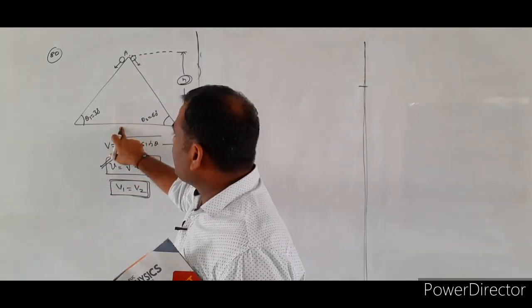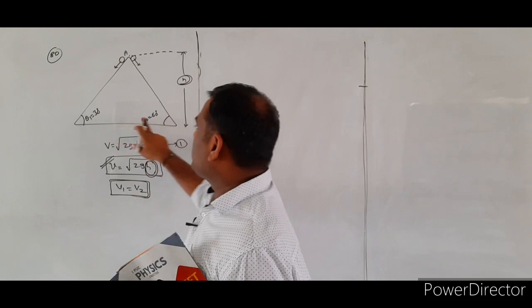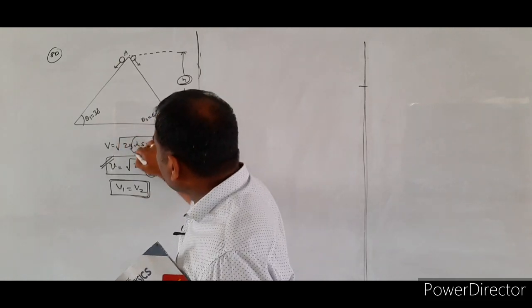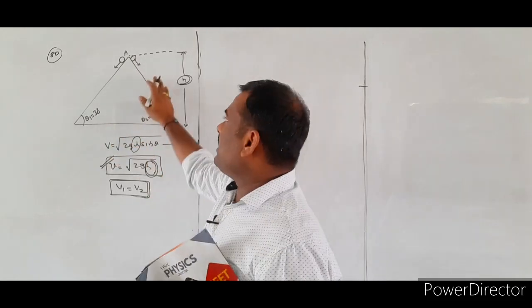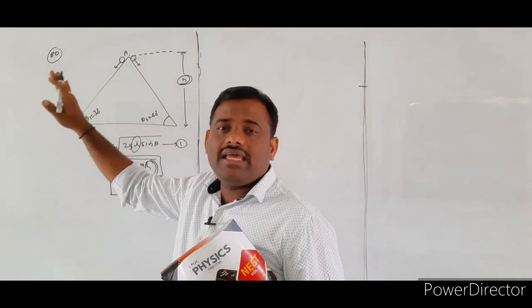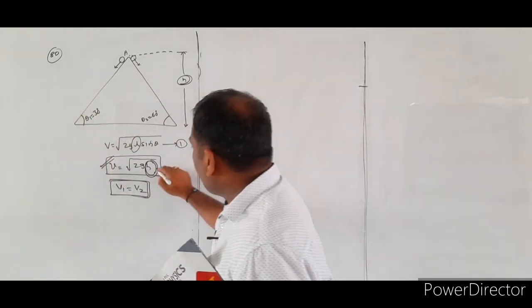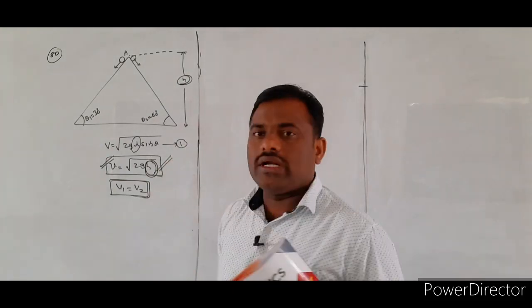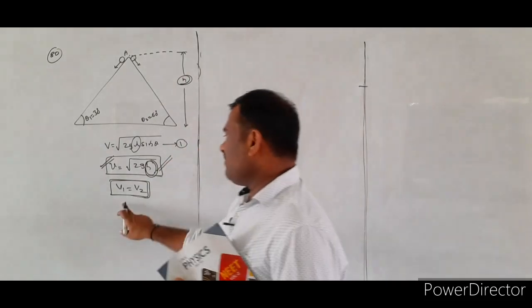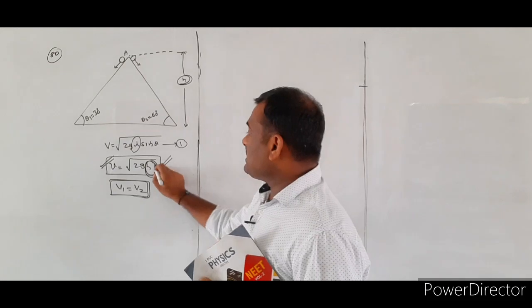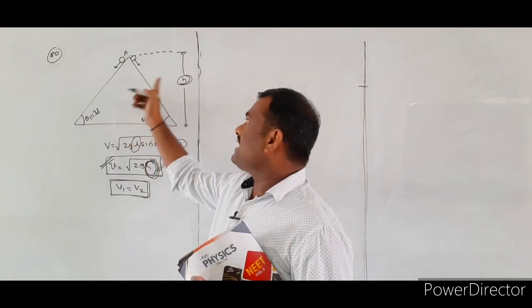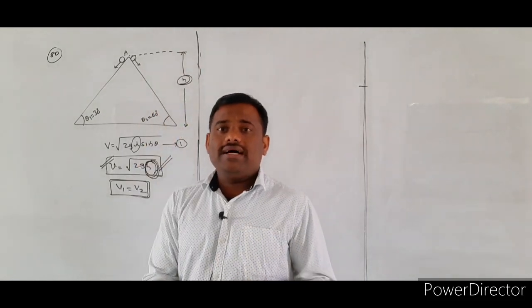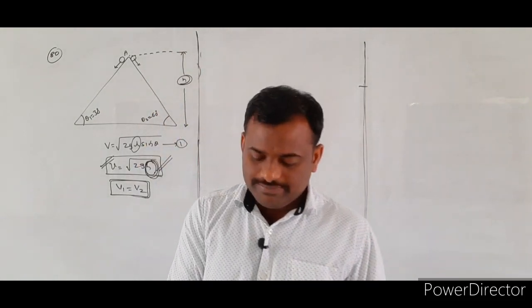So for making confusion, they are giving the theta 1, theta 2 values. Whenever you know the length values, then only you have to apply theta 1, theta 2. Here they didn't mention any length of the inclined surfaces, so we must go through the formula v is equal to under root of 2gh, so v1 is equal to v2, which depends upon the height of the inclined plane only. For both the planes, the height remains the same, so the velocity acquired by them will remain the same. Next one.